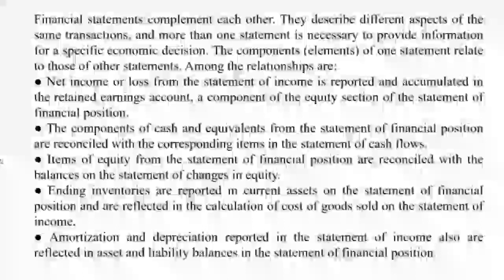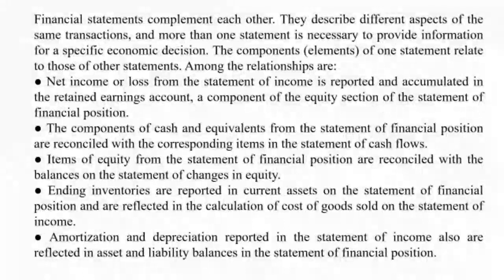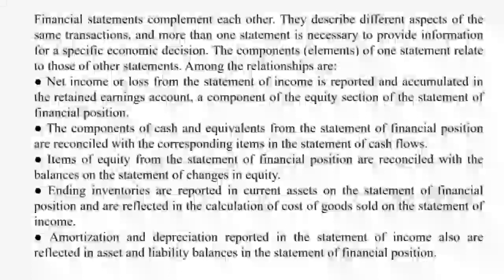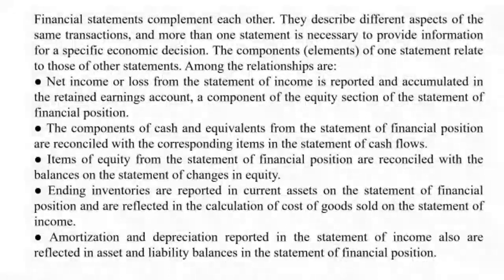The components of cash and equivalents from the statements of financial position are reconciled with the corresponding items in the statements of cash flows. Items of equity from the statements of financial position are reconciled with the balances on the statement of changes in equity.